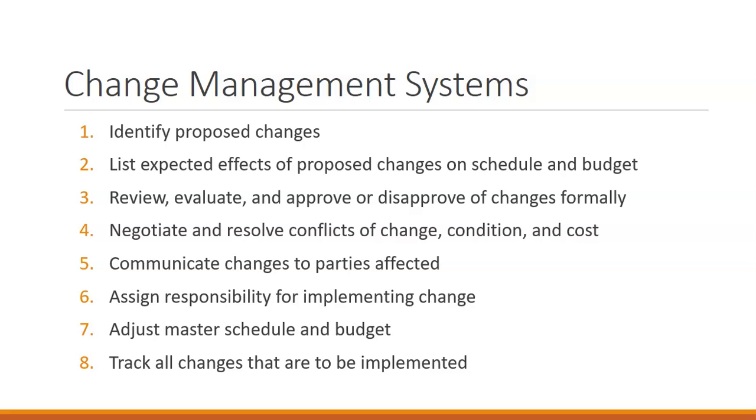Then we're going to review, evaluate, and approve or disapprove of changes formally. We want to build into how we make decisions about what can and can't change on this project, for everything from scope to schedule to budget, and how risk might control some of those changes that are going to happen. We want to assign responsibility for who is in charge of implementing that change.